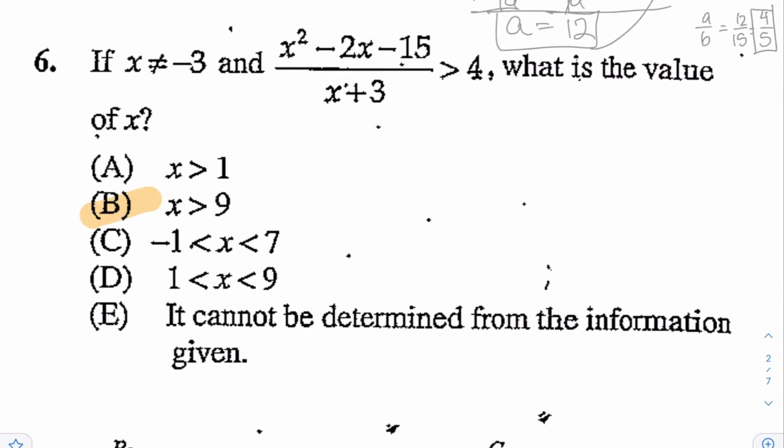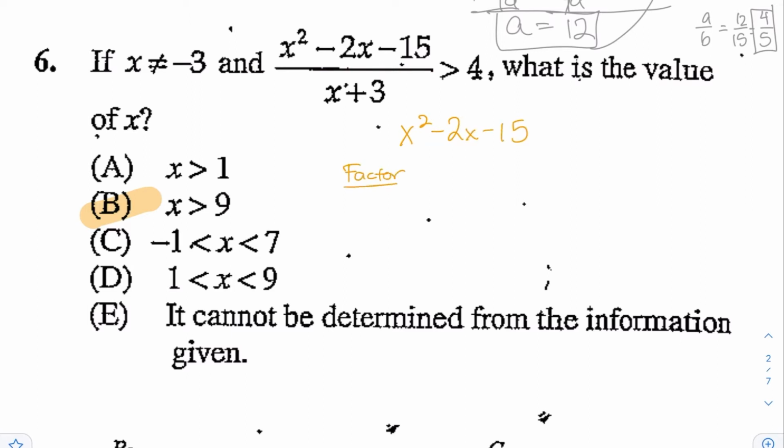Next for number 6, if x is not equal to negative 3 and x squared minus 2x minus 15 divided by x plus 3 is greater than 4, what's the value of x? So here you have to multiply both sides by, or actually you can just factor the numerator. So for the numerator, x squared minus 2x minus 15, you want to factor this.